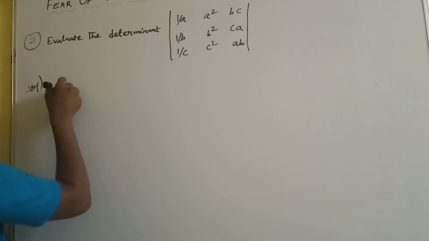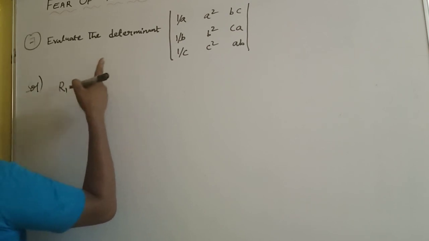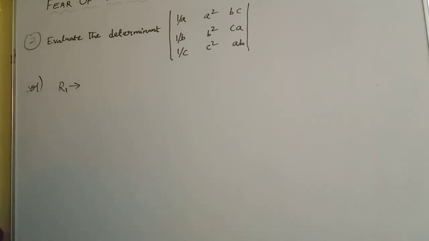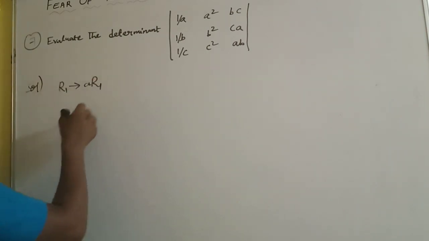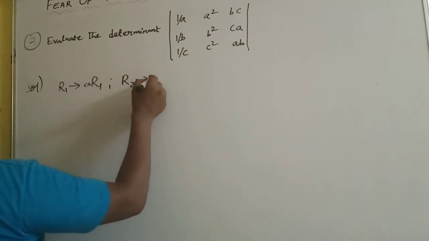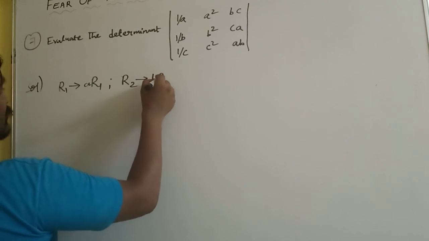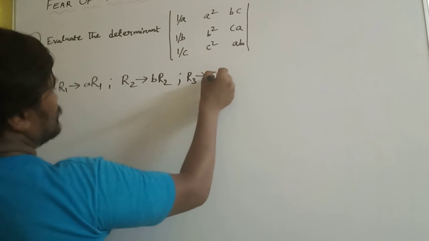So that is R1 tends to a R1, R2 tends to b R2, R3 tends to c R3.